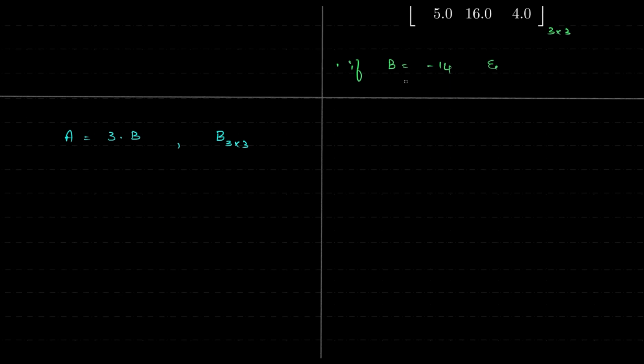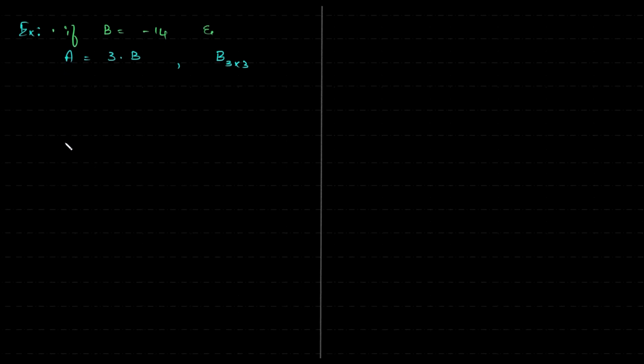So this is one example actually, so let me not combine with that, you guys will get confused. Now the determinant of A will be 3 to the power of 3 times the determinant of B, so this is 27 times minus 14.